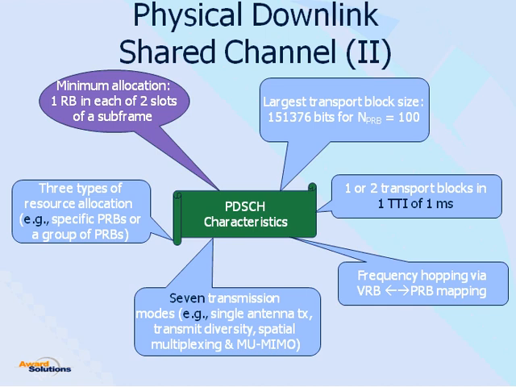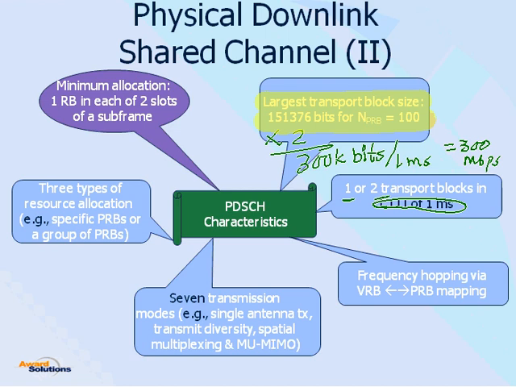And the largest transport block size that we can send, think of that like a packet size, is 151,000 approximately. And within 1 millisecond interval, we will be able to send 1 or 2 transport blocks. So if you are sending 2 transport blocks, multiply that by 2, so you will get about 300,000 bits. Divide that by 1 millisecond, and that's how you can get 300 megabits.